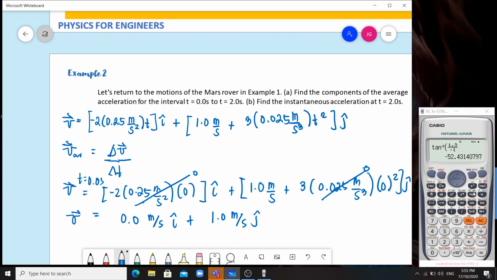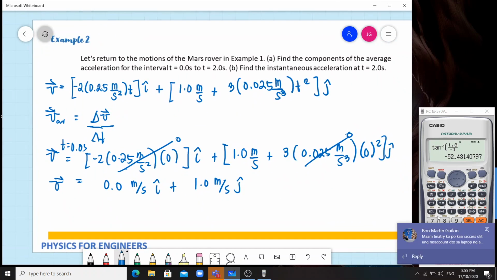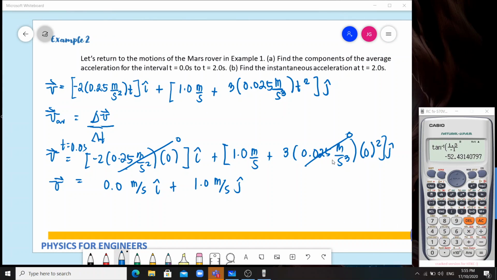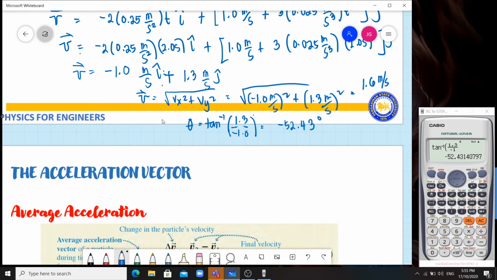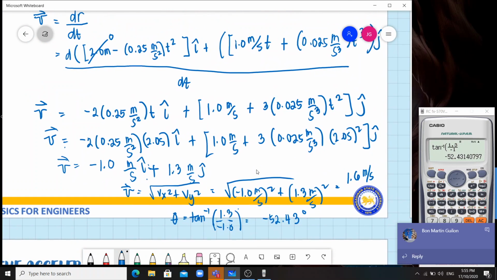Ayan. So, kunin ulit natin yung velocity at 2.0 seconds. Alam ko nakuha na natin yan earlier. Check natin, meron na tayong basis niyan.